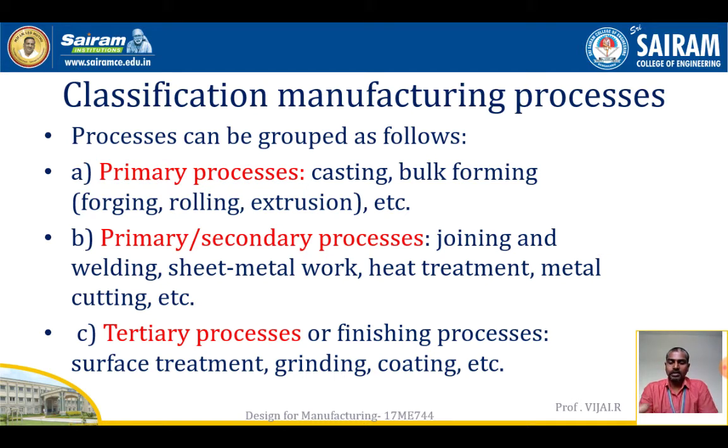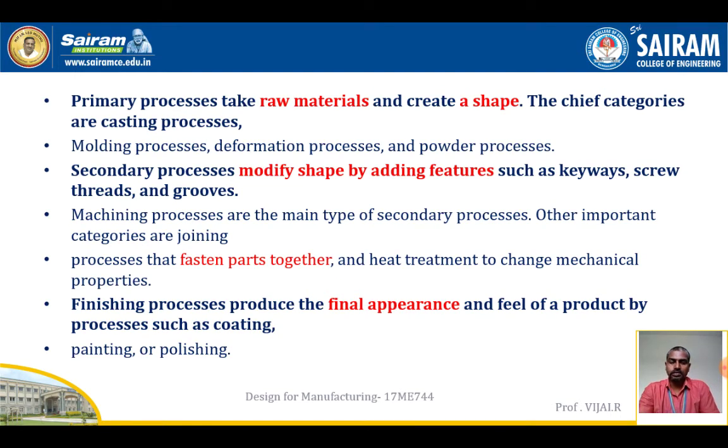Once that is done, we can go for the secondary process like joining, welding, heat treatment, metal cutting, etc. And finally we go for finishing of the component: surface roughness, grinding, and coating or painting.